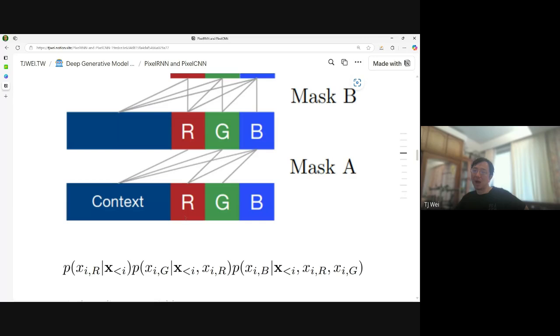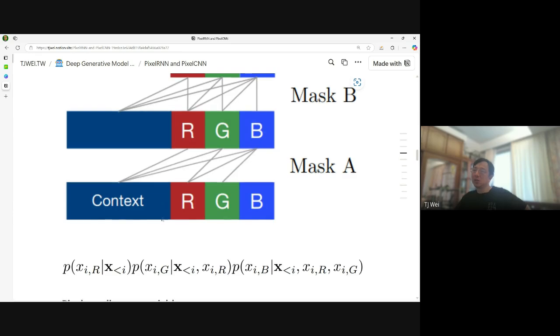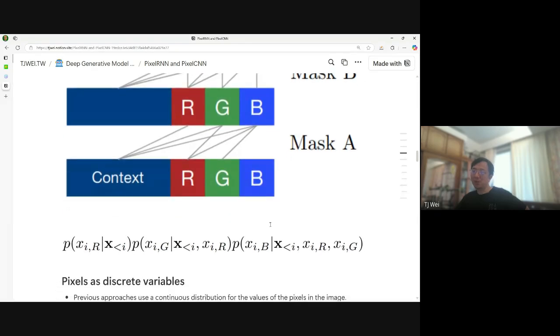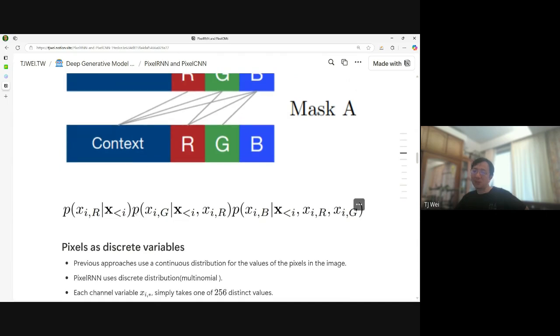Because we usually say RGB, the first is R, the second is G, and the third is B. Later on, we are not going to talk about the color channel, but it is pretty straightforward to apply because we already have an order. I mention it here so you know we have considered RGB, following its order, and later we will not mention it because it would make the explanation too complicated.